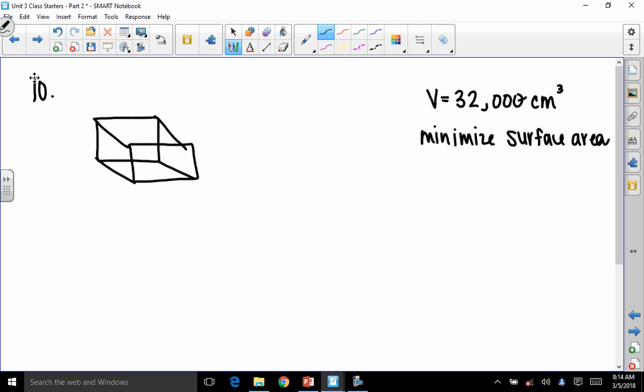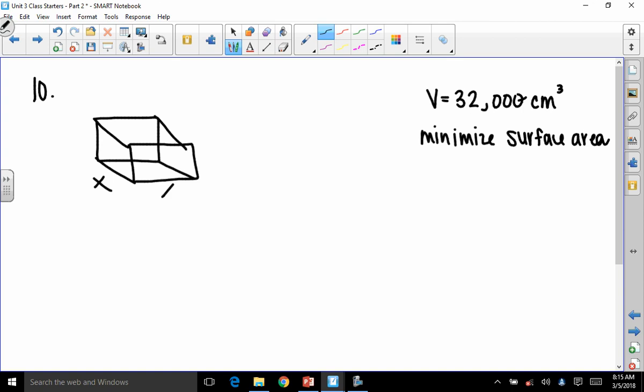Okay, so what do you know about the base of your box? It's a square, which means what is true about the length and the width? They're the same, because in a square, they're the same, right? So we don't need to call this one L and this one W if they're the same. We can call them the same variable, yes? So what variable do you want to use for the length and the width?